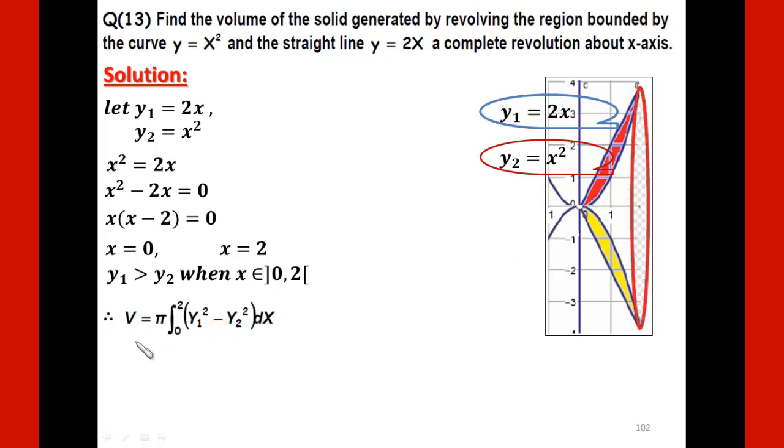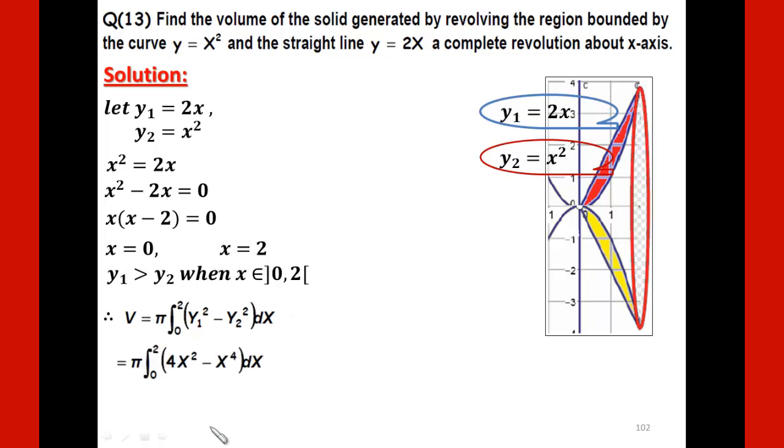So the volume equals pi, the integral of y1 power 2 minus y2 power 2 with respect to x from 0 to 2. It is the points of intersection, from 0 to 2.